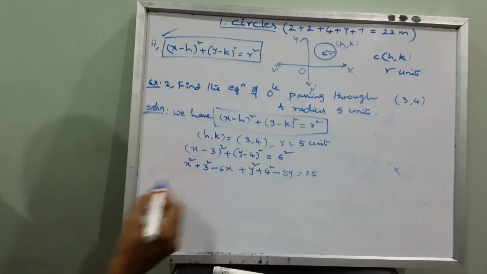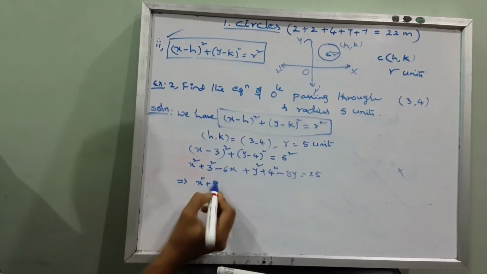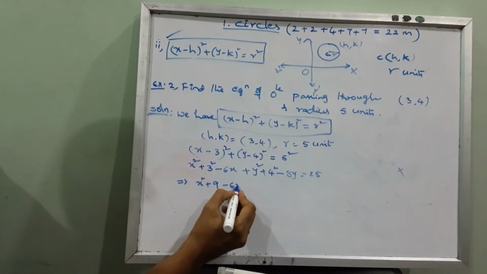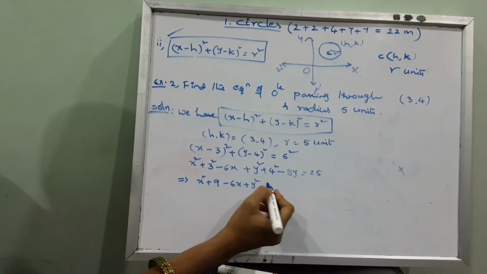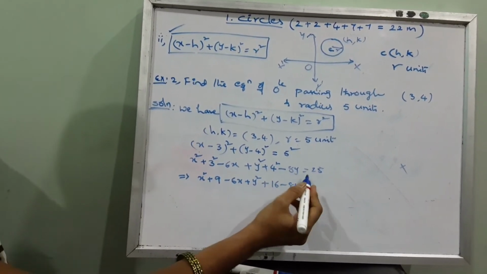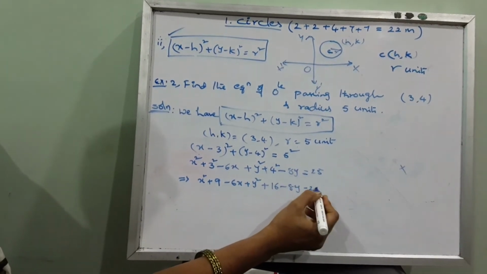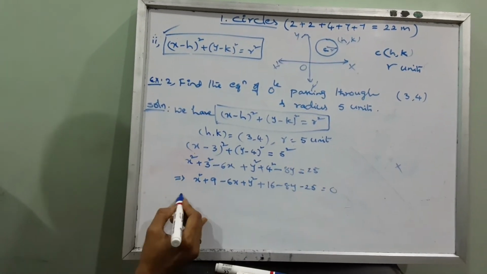to 25. This implies x square plus 3 square, 9, minus 6x plus y square plus 4 square, 16, minus 8y. 25 will come to this side, minus 25, is equal to 0.